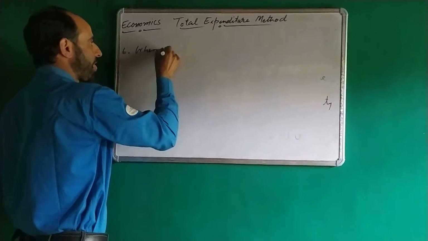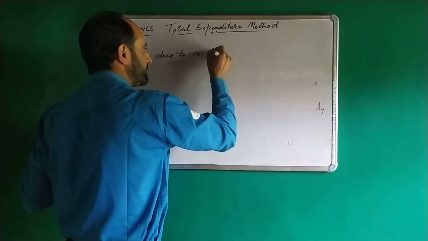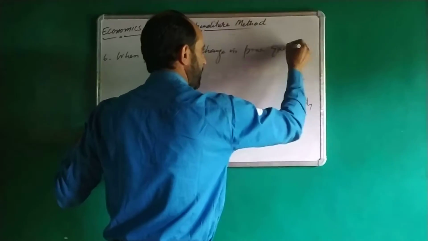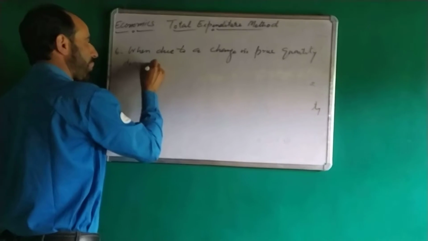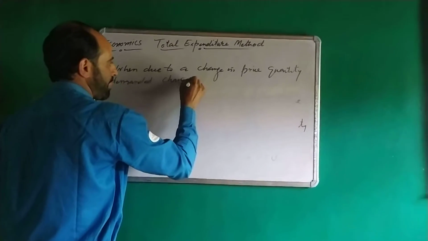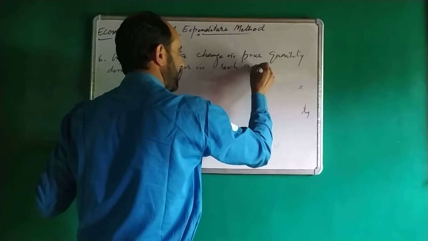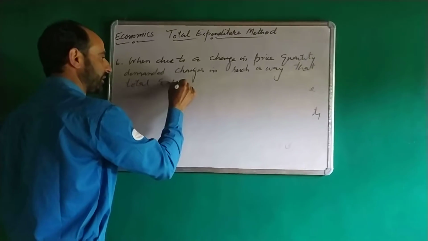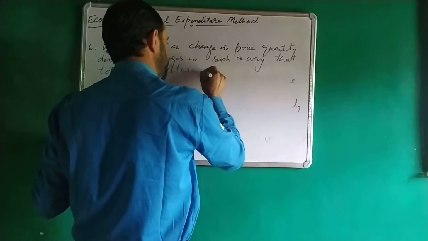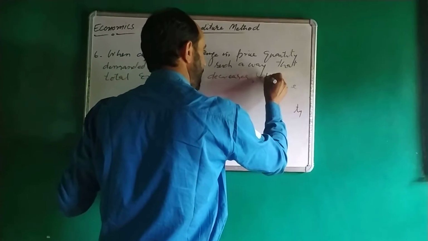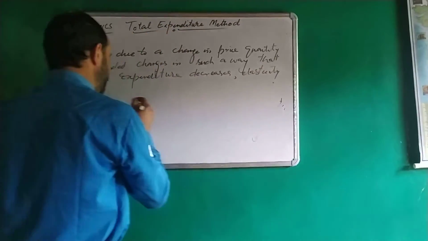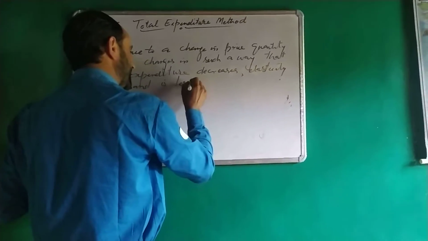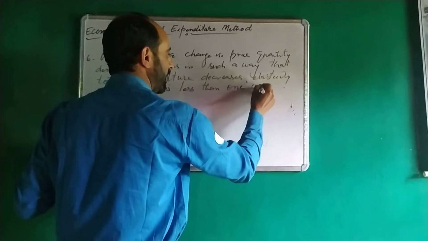When due to a change in price, quantity demanded changes in such a way that total expenditure decreases, elasticity of demand here is less than 1 or unity.